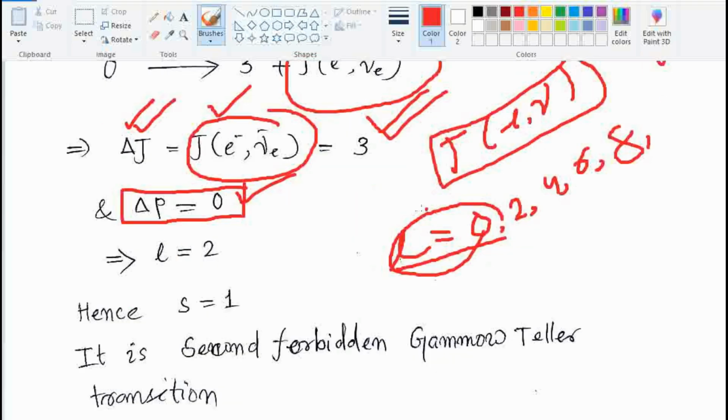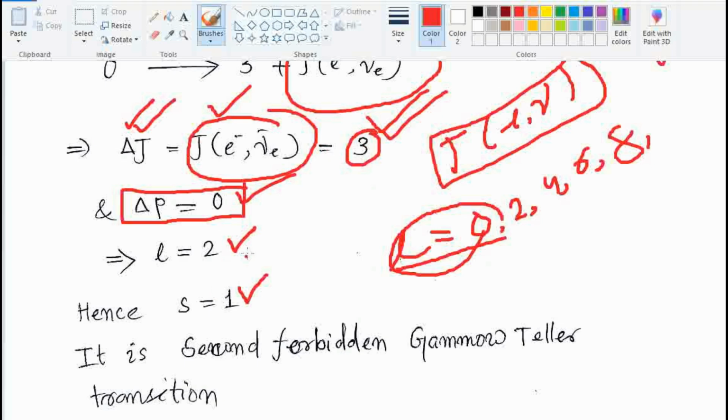So to get the J of the outgoing particle equal to 3, we should have L equal to 2. If we put L equal to 2 and S equal to 1, then only can you get J equal to 3.